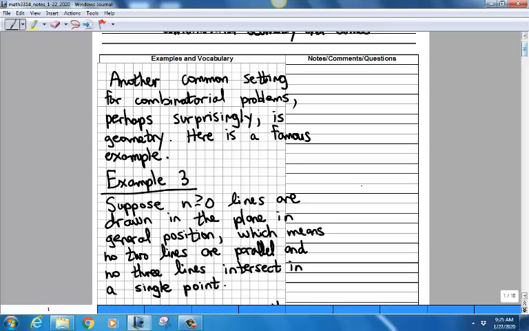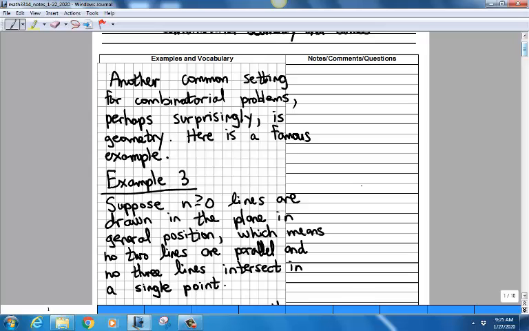Now, if the lines are not parallel, every pair of lines is going to intersect, right? So you have lots of intersection points, but you don't have a situation where three lines cross in the same point. So any place two lines intersect, it's only two lines that intersect at that given point. That's called general position. That makes the problem much easier to analyze.